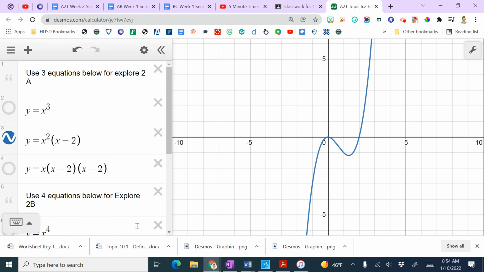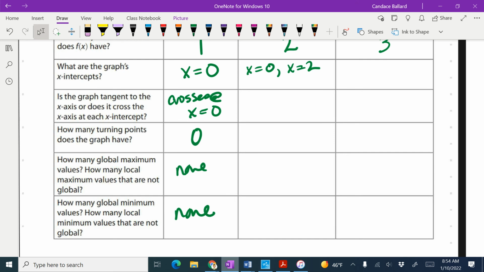At 0, does it cross or is it tangent? See how it goes up and it bounces off the x-axis and comes back down? That is an indicator that it's tangent. Whereas this one, see how it goes through the point? That's a crosses. Hopefully we see the difference. So we're going to say crosses at x equals 2, tangent at x equals 0.